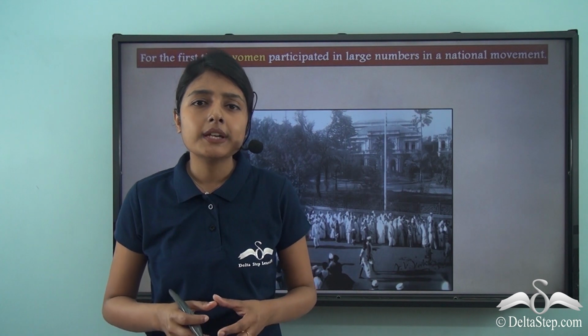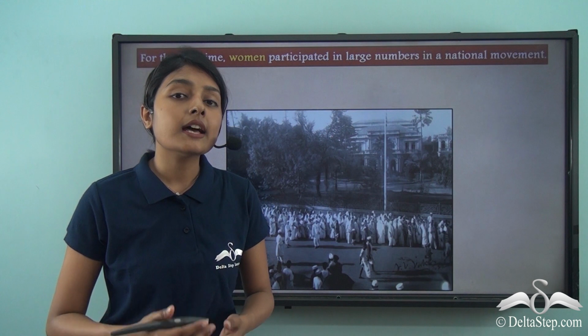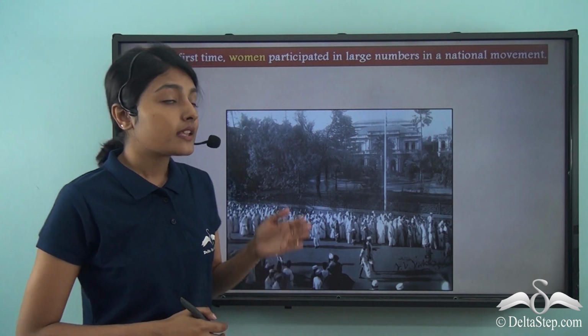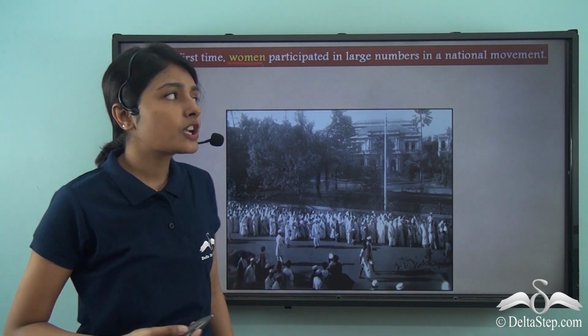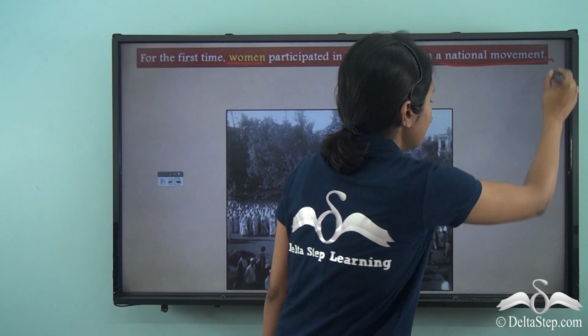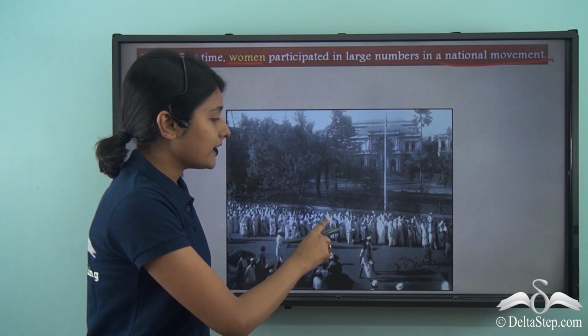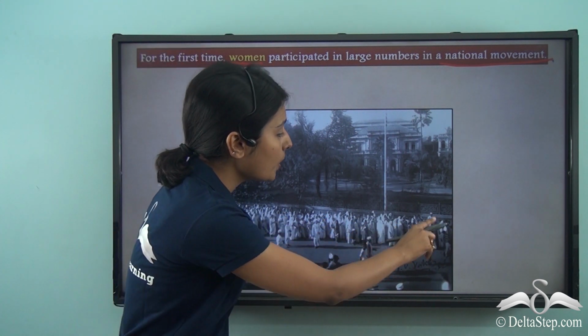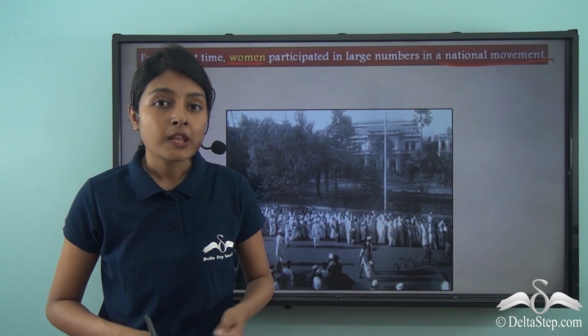The civil disobedience movement has been crucial in the pages of history for another very important reason. This is because for the first time, women participated in large numbers in a national movement. In fact, if you look at this image closely, you will be able to see many women who are very much a part of this long march.